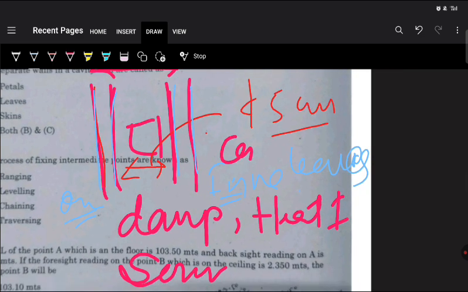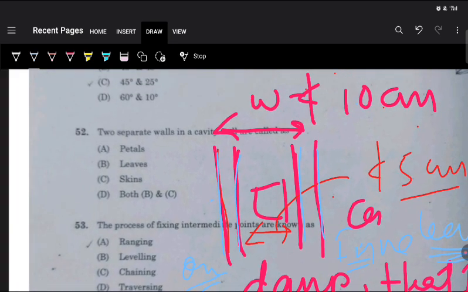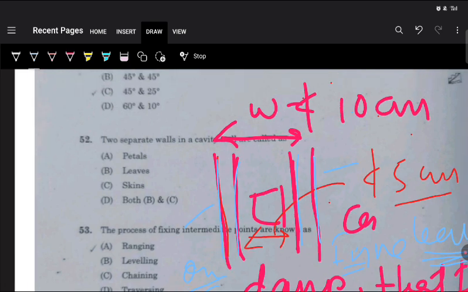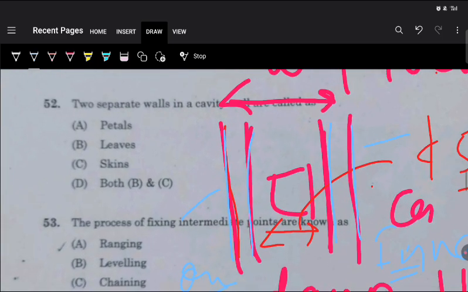Okay, this is also called leaves. Also called this outer lip, and this is our inner lip, and these two can also be termed as skins. Important. So the answer is both B and C.